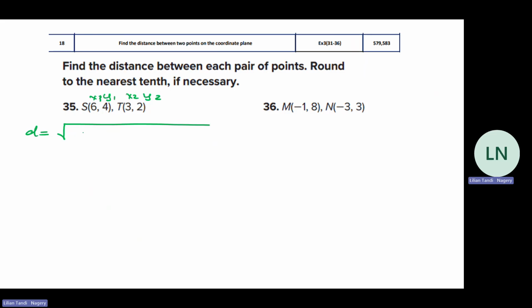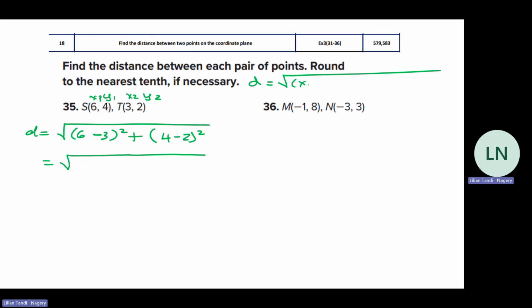So my x is 6 minus 3 squared, and then here plus 4 minus 2 squared, like that. Or you write the formula once: D equals square root of x1 minus x2 squared plus y1 minus y2 squared.